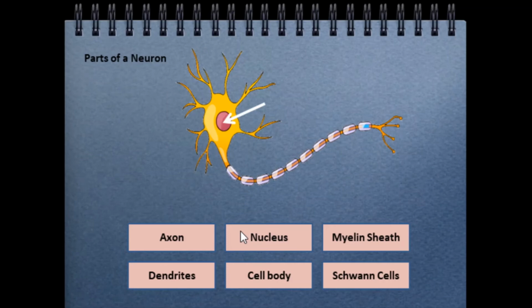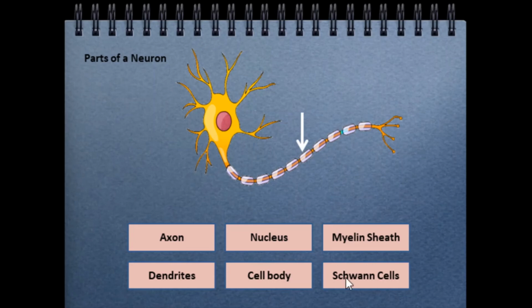How about the next one? The cover of the axon is called what? This white capsule here, what do you call it? It's the... Okay, it's the Schwann cells.